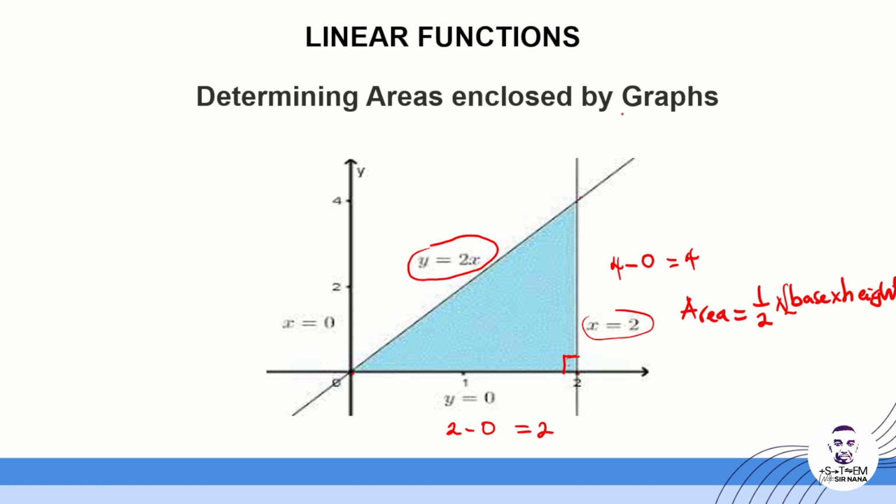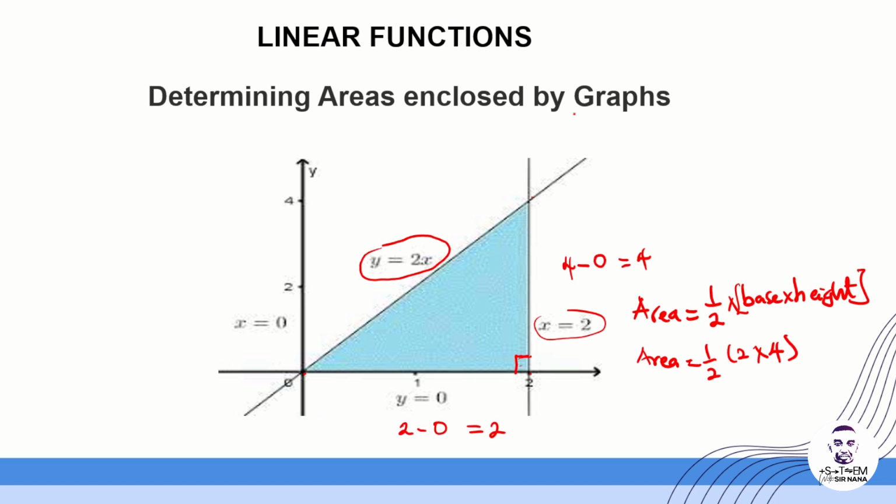Now we've seen that the base will be 2 units, so we have the area to be equal to half multiplying 2, which is the base, and then the height is 4 units, so multiplying 4, which is the height. So it means that we have the area to be equal to half multiplying 2 times 4, which is 8, and that gives us 4, right? So we call it 4 square units, because area is measured in square units. So we have the area to be 4 square units.